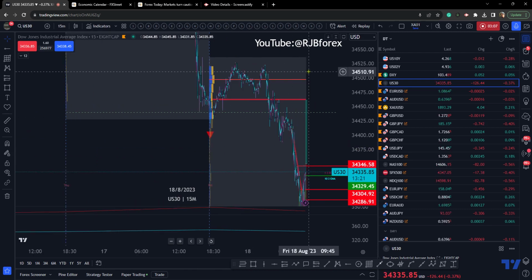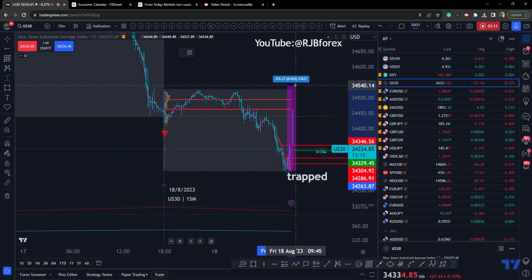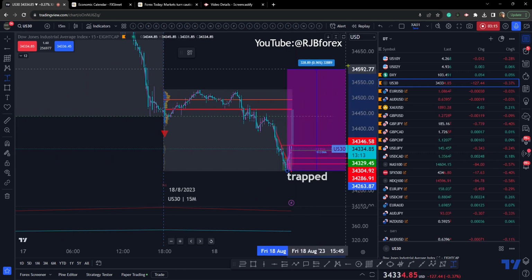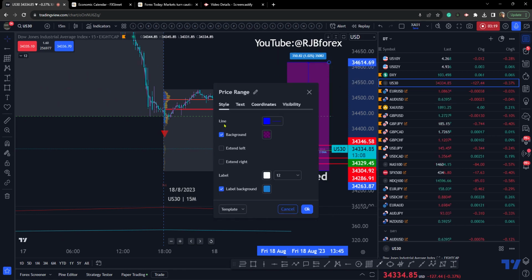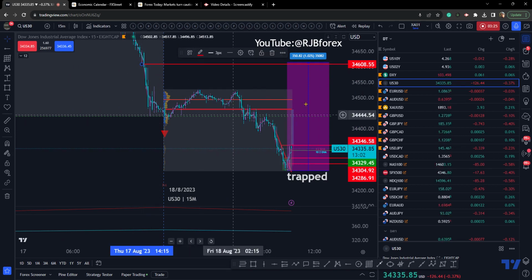On the day so far, we've done some of it. So we're up here. So we're targeting that wick up there for a day trade.